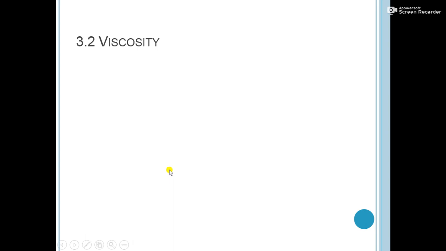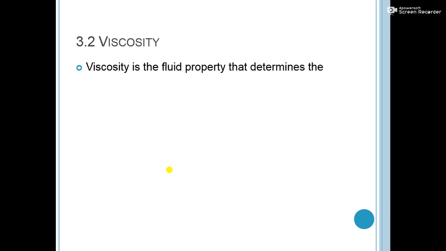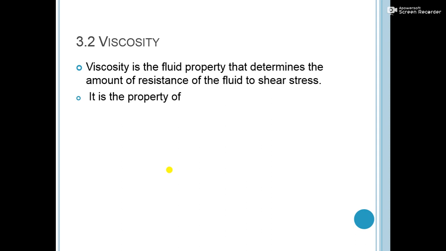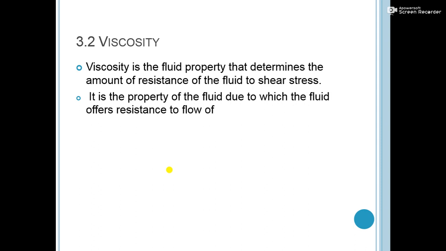Next property is viscosity. Viscosity is the fluid property that determines the amount of resistance of the fluid to shear stress. It is the property of the fluid due to which the fluid offers resistance to flow of one layer of the fluid over another adjacent layer of fluid.